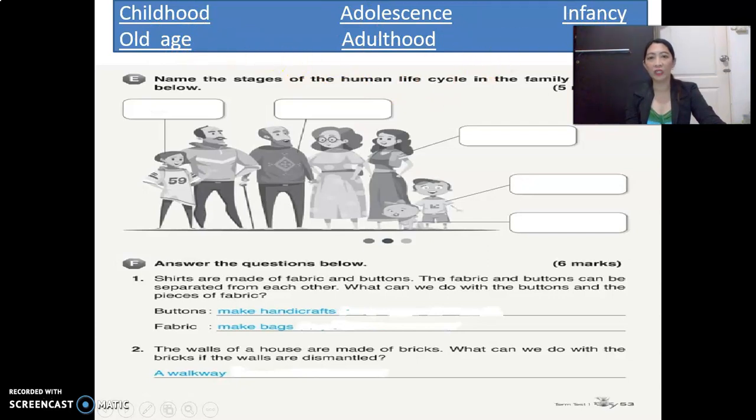These are the choices for letter E. Letter F, this is the answer: make handicrafts, make bags, and a walkway.